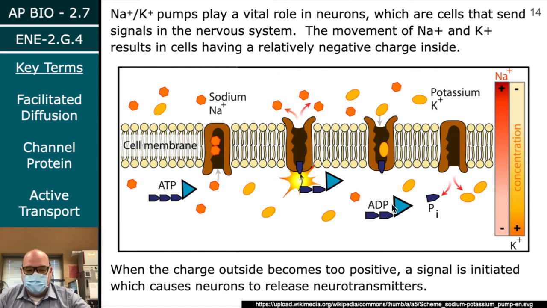So what does this do for your body? Makes it negative on the inside of your nerve cells, positive on the outside. When that changes, it kind of initiates like a wave in the stadium where all those ions sort of get that wave going. Then for the nerve to reset or repolarize, it has to pump that the other way. Okay?